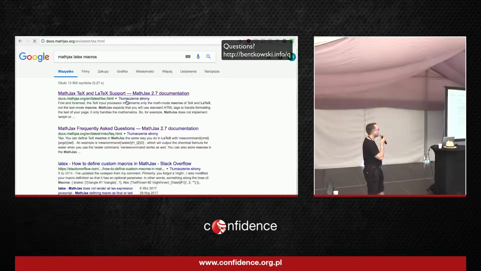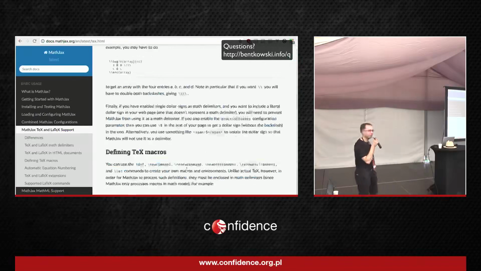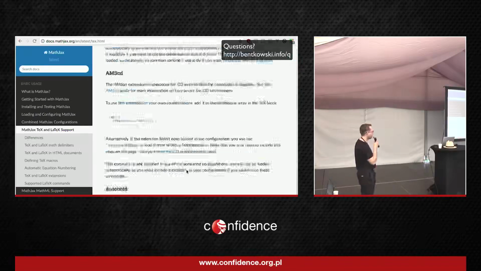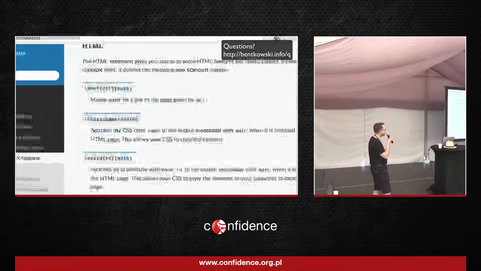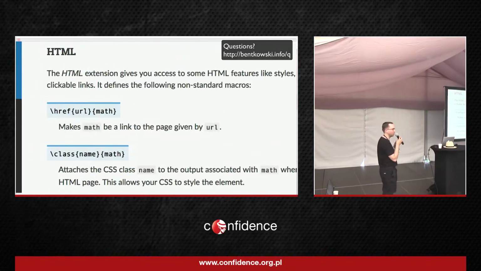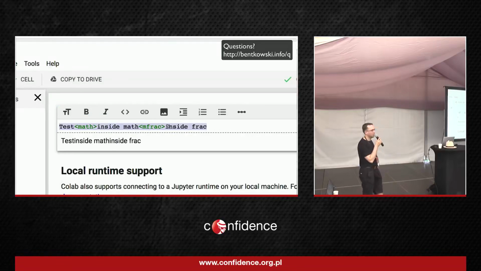And in the documentation, we can find out what LaTeX macros are supported by MathJax. And there was a macro that I found interesting, and it was called href. I mean, okay, maybe it didn't work before, but it would work now. So let's try it. So I put some LaTeX code over here.